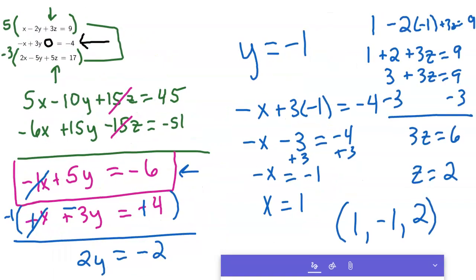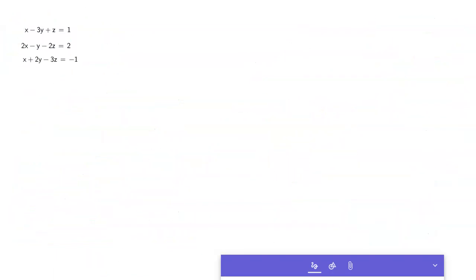All right, so next problem. So here we have a little bit of an issue because nothing's eliminated, and so we're going to go ahead and eliminate a variable. Now you can pick anything you want as long as you stick with it through the whole thing. So I'm going to deal with the top two equations, and I'm going to eliminate x all the way down.